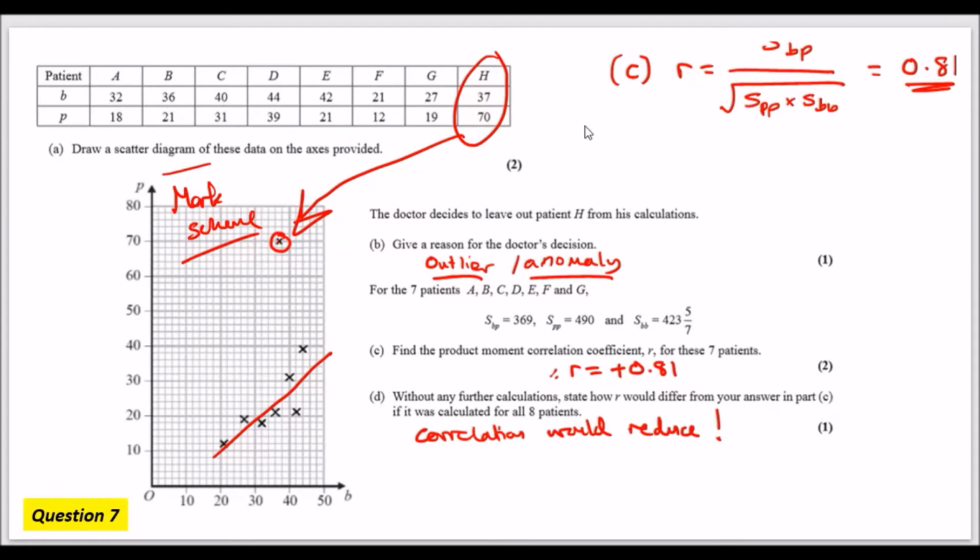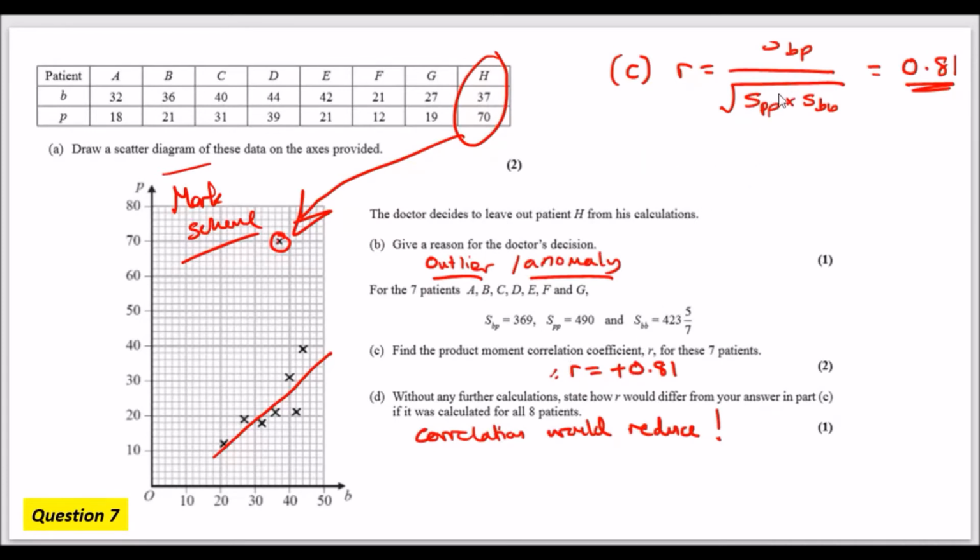Okay, let's move on. For the 7 patients, A, B, C, D, E, F, and G, so excluding H, the following statistics were given. So we got SPB, SPP, and SBB. Now find the product moment correlation coefficient R for these 7 patients. The R value is very standard to calculate. Usually we use it with SXY and SXX.